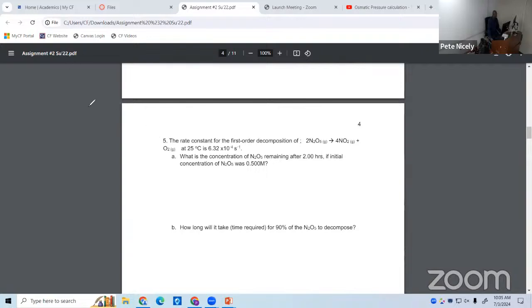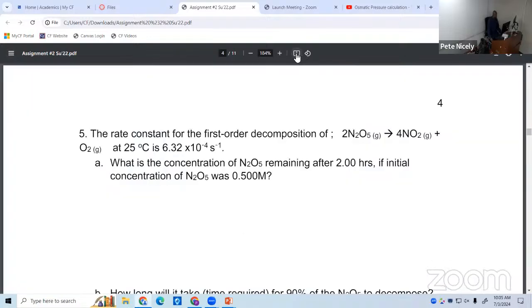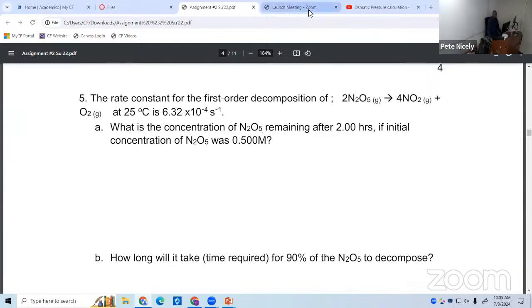So for this question, the equation that comes to mind is the equation relating the concentration of a reactant to time for a first order reaction. There are a couple of forms of that equation.